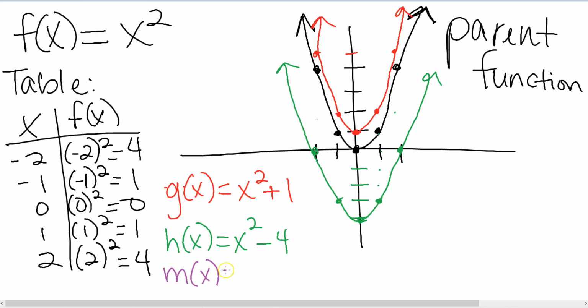So that's going to be in the parentheses, x plus 1 squared. So remember, in the parentheses, remember we changed the h. So this tells me I'm going to go to the left 1 from the parent function, because you change the h, change the sign.